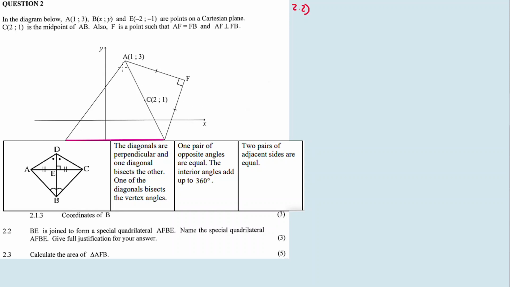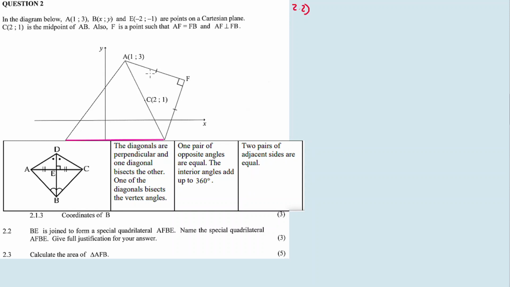If we had the angles, say this angle, that angle, as well as that angle, then we could add these angles and say okay, they add up to 360 degrees, then this is a kite. Since we don't have the angles, we cannot use this property. The last one: two pairs of adjacent sides are equal.